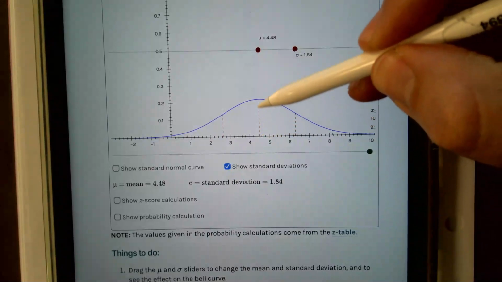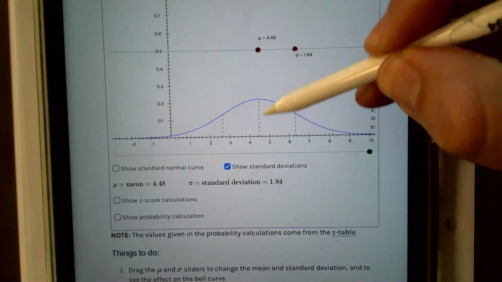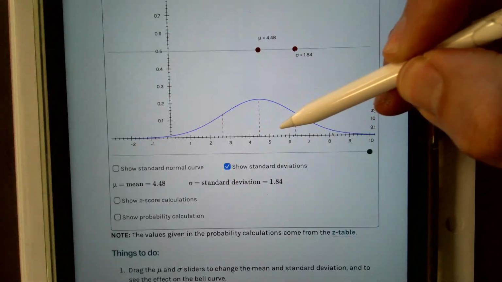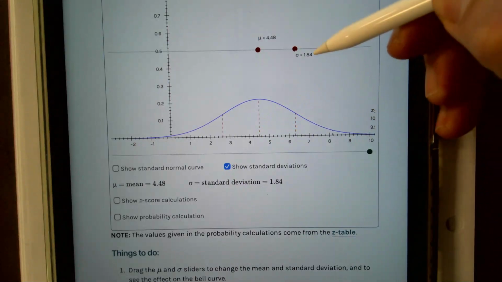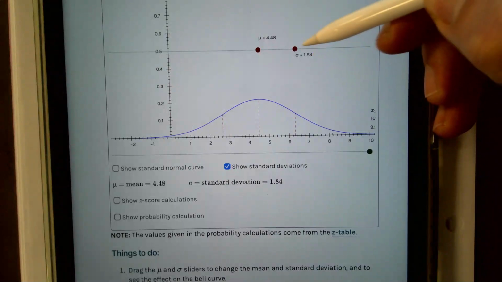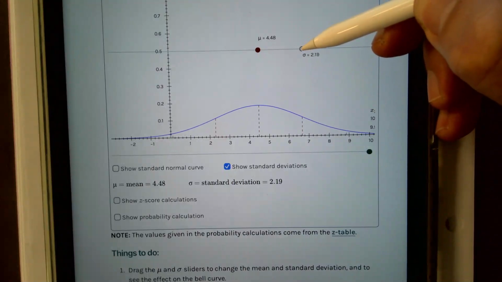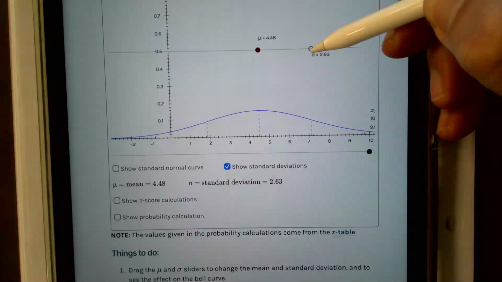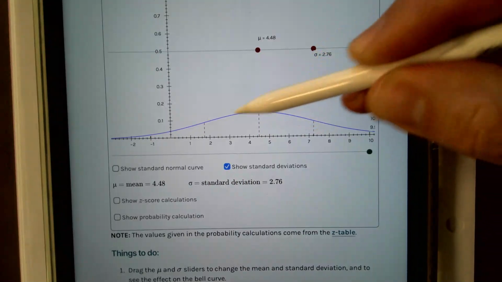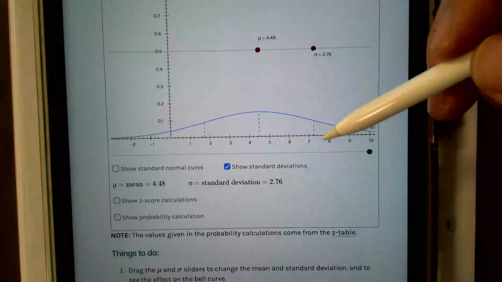This is your mean here. The distance between the mean and one standard deviation to the right is 1.84. But if you increase that, can I do more? No. So the more you increase it, the flatter your curve gets. You should see that correlation, right?